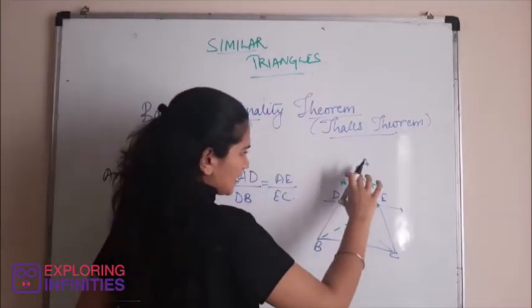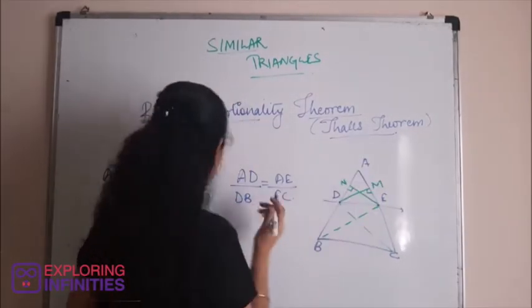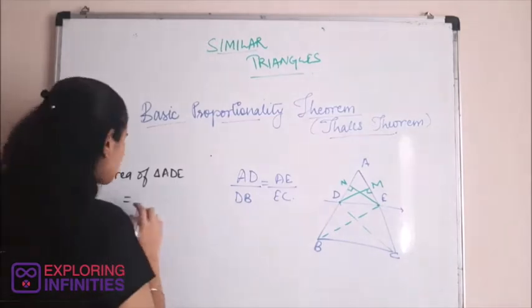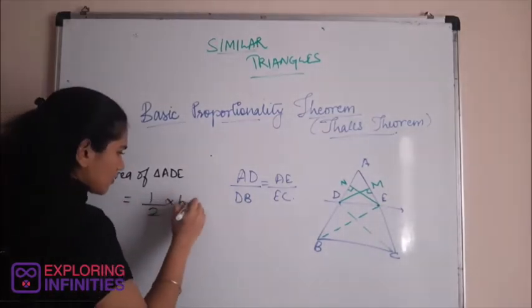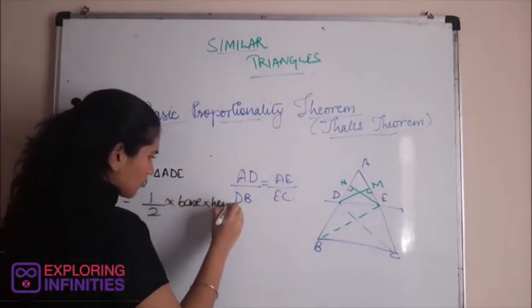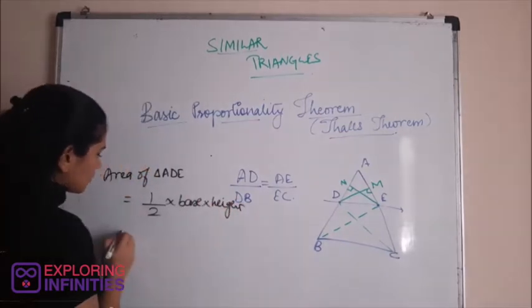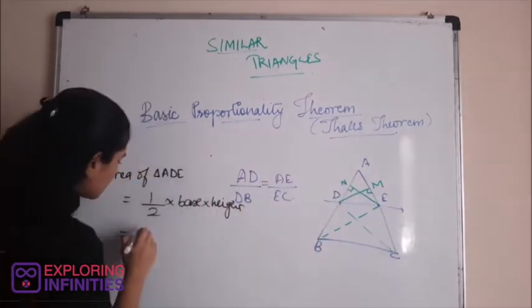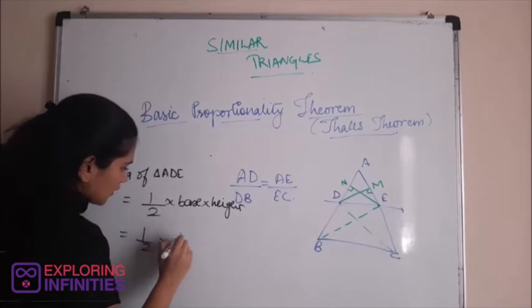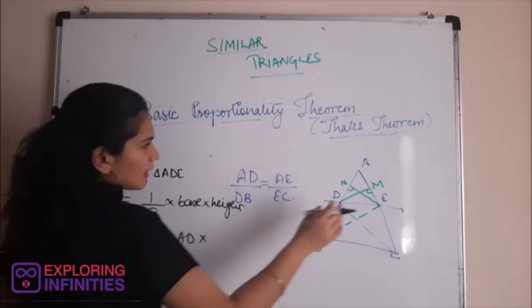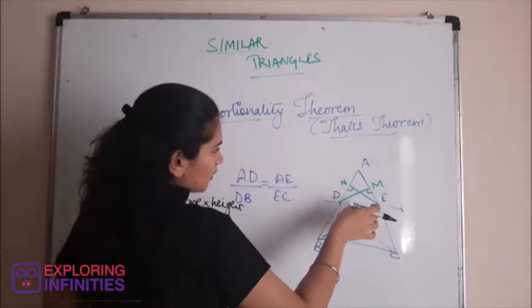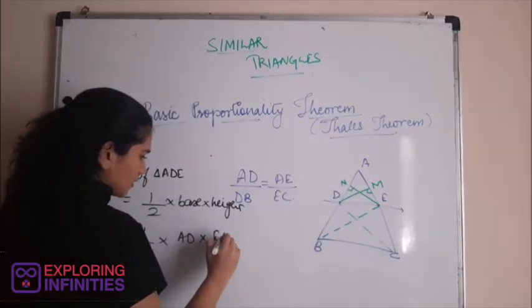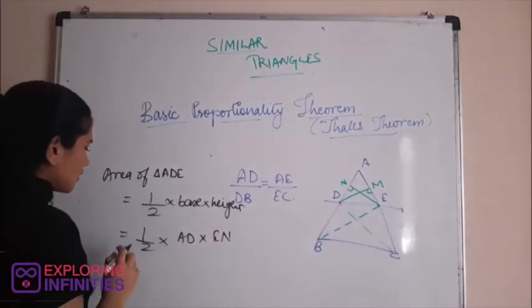Area is half of base into height. So what would be the base? AD is the base, multiplied by what? The height would be EN, since it is the perpendicular.